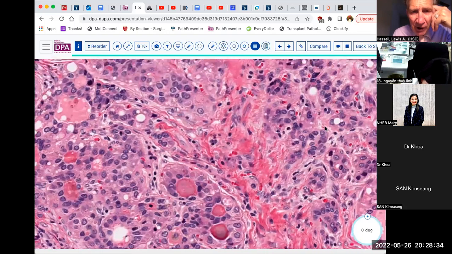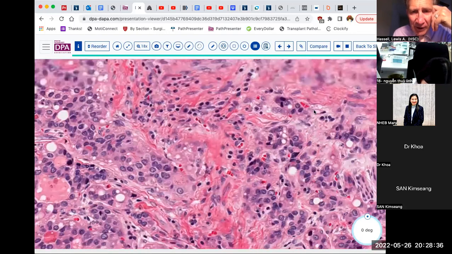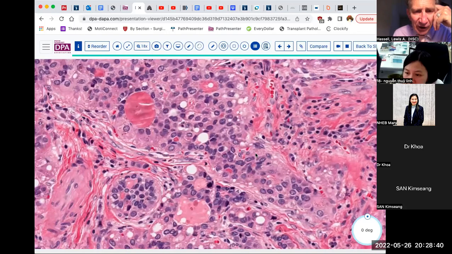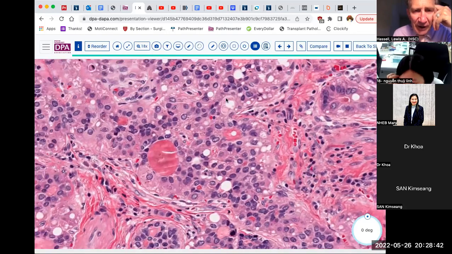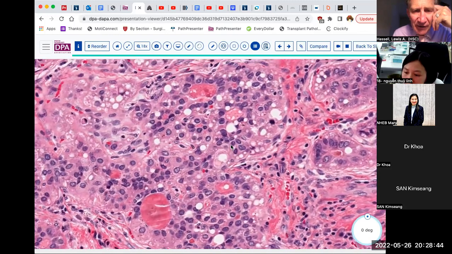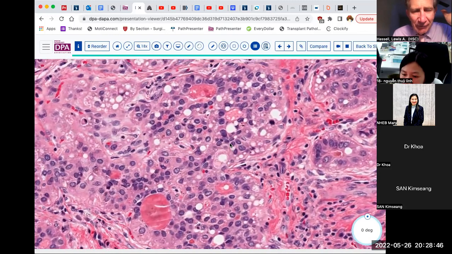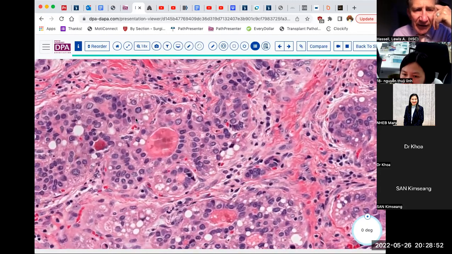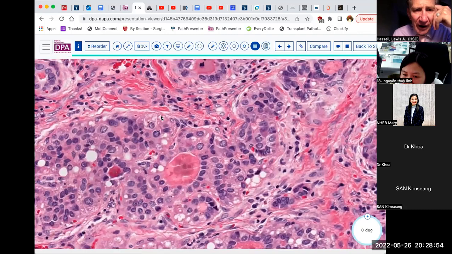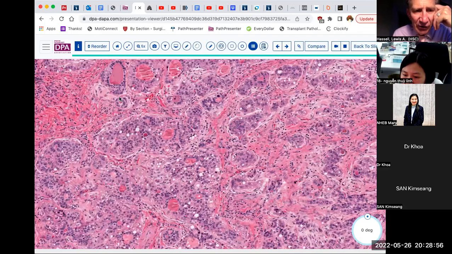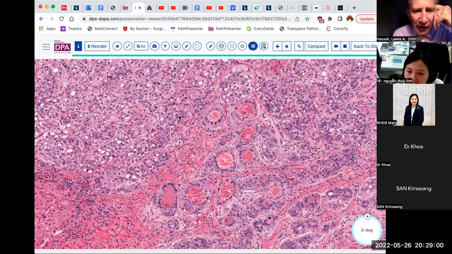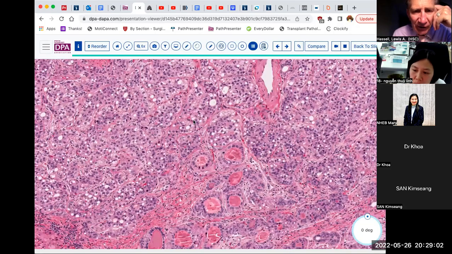But this is part of the spectrum. That's one of the challenges as pathologists and as we try to train people, is to recognize both the classic features as well as some of the variations that we can see in these lesions, which is a great reason to be able to use digital slides, because you're not just locked into one or two photographic fields.